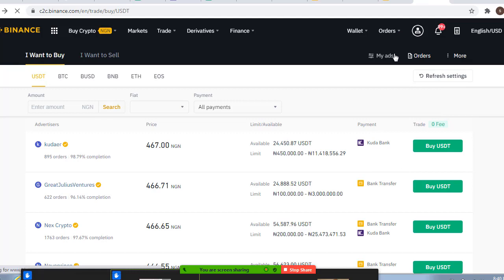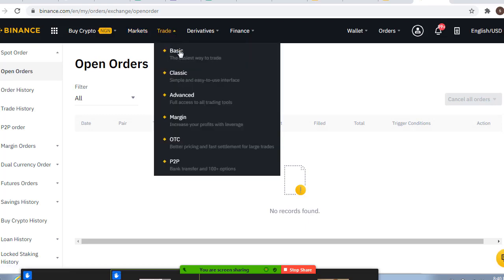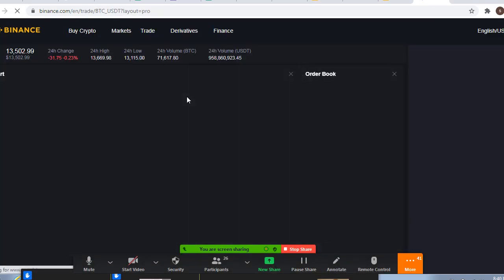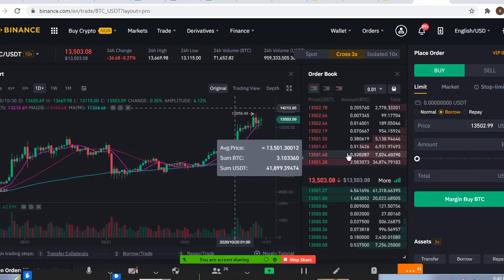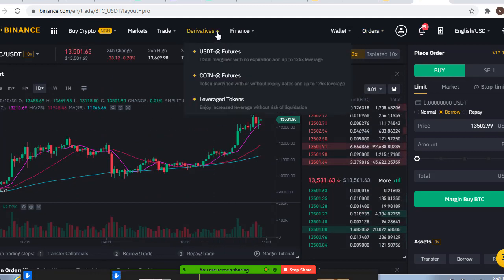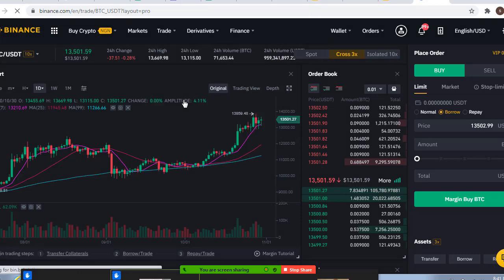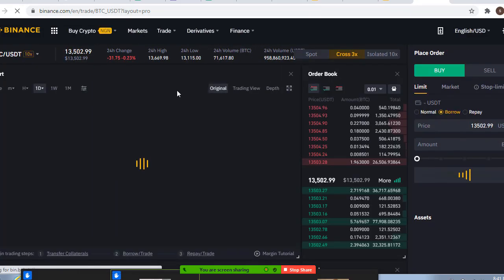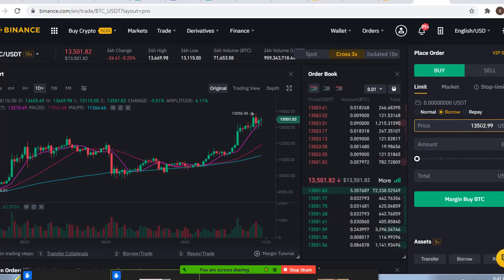All right, so spot orders. You go to spot order, then you go to advance. What you do is to just put your value of your USDT.